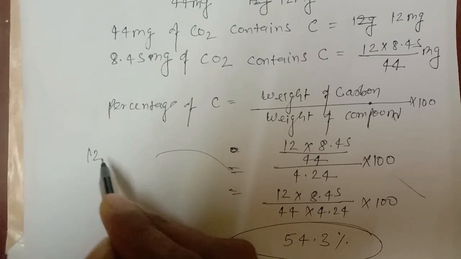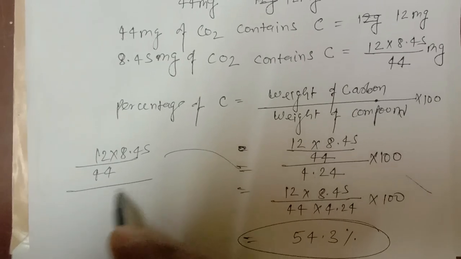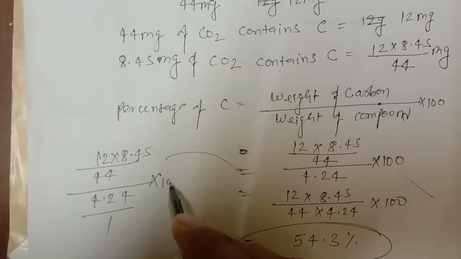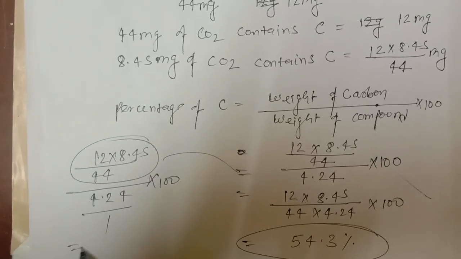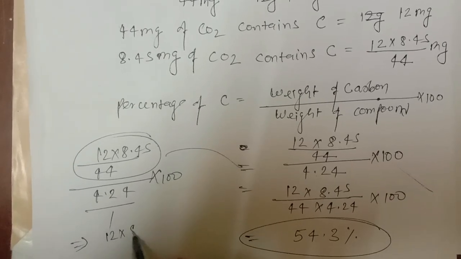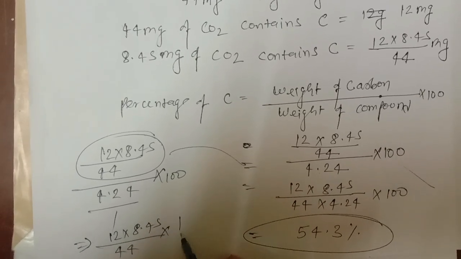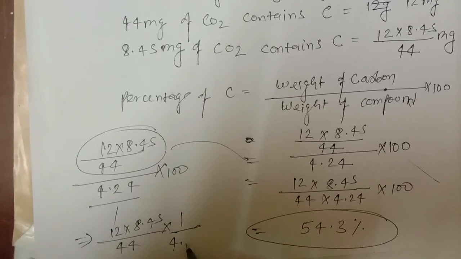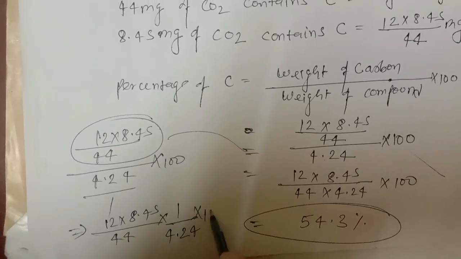Here you can write 12 into 8.45 upon 44, upon 4.24 upon 1, into 100. The numerator remains fixed, 12 into 8.45 upon 44, but the denominator is reversed, 1 upon 4.24, into 100.